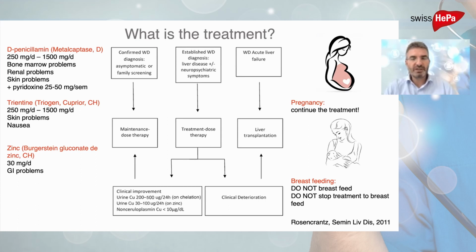This is one point. And the other point concerns breastfeeding. So please do not breastfeed when taking these drugs. And do not stop treatment to breastfeed, because this can be dangerous for the mother and for the baby. But it is important to go on with the treatment.